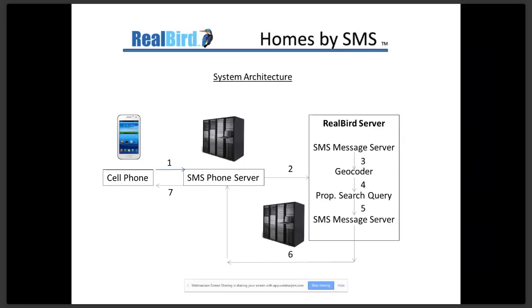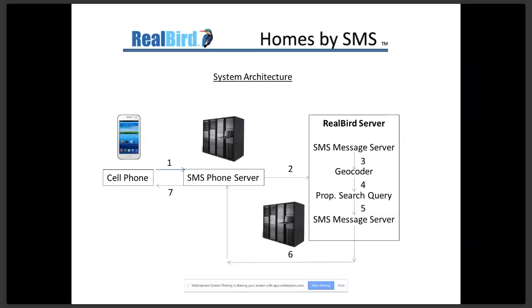Now, in terms of the system architecture, I know you're not techies or anything, so this is the only slide I have about that. But just so you understand how this works, because it's really interesting how text messaging can be easily coupled to a property search.